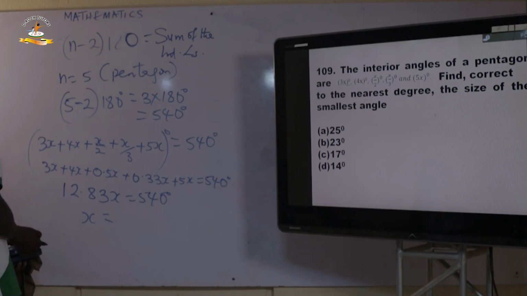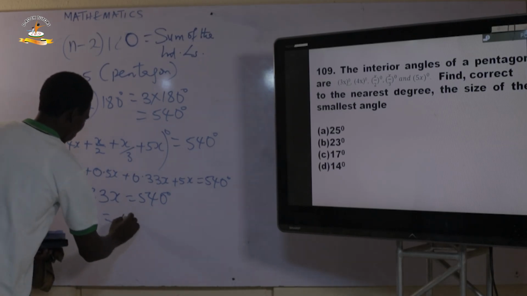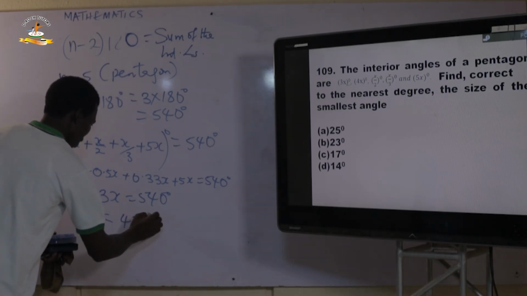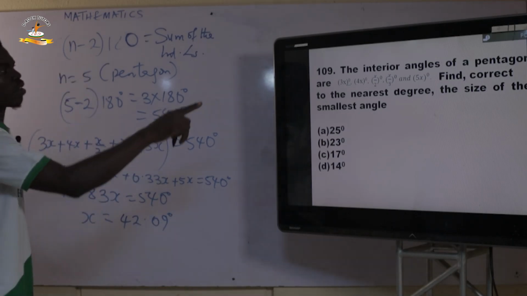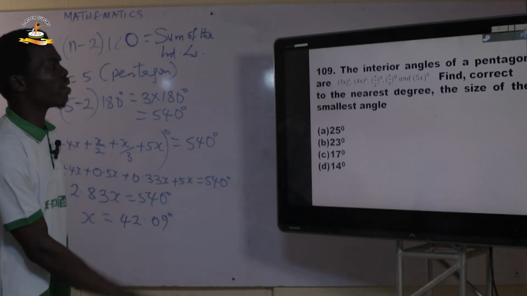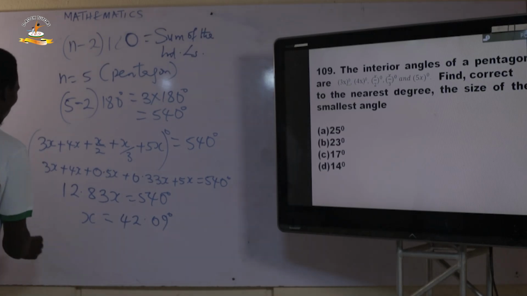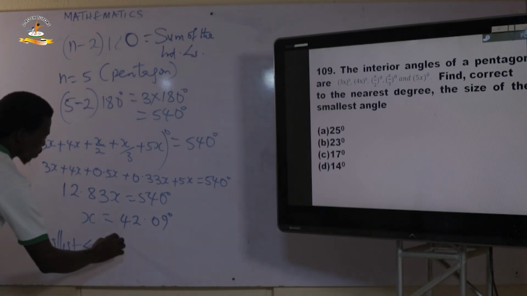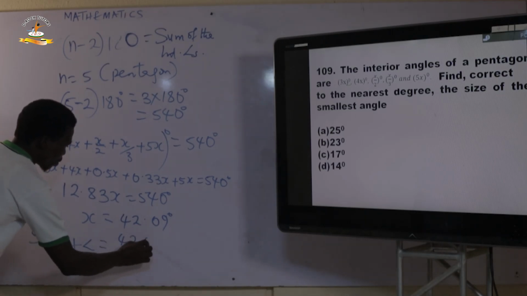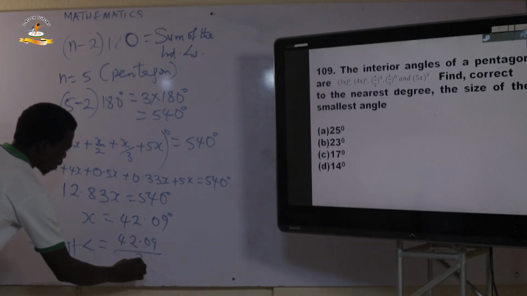x is 540 divided by 12.83, and that is what? 42.09 degrees. So the smallest of them is going to be the one that carries x over 3. So the smallest angle is going to be 42.09 all divided by 3.